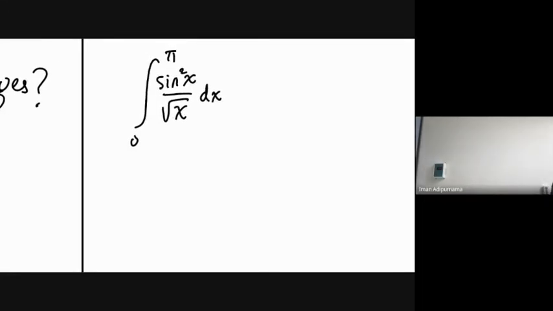The question is only asking whether this diverges or converges, not necessarily needing to compute the value, okay? So if any improper integral is only asking diverge or converge, you can go to the comparison theorem.